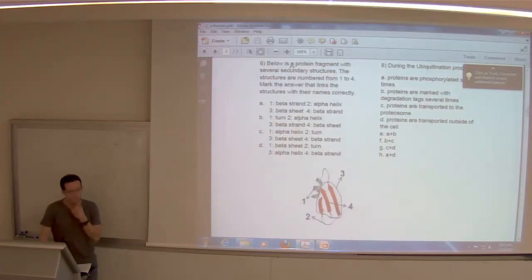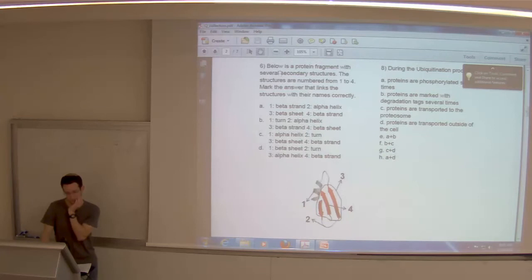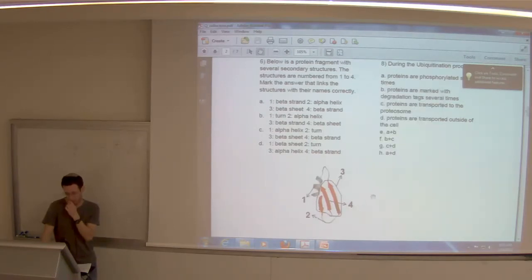Below the protein fragment are several secondary structures, numbered from 1 to 4. Mark the answers that link the structures with their names correctly. So you have to look at this figure and identify what structures you look at. Let's look at it together.